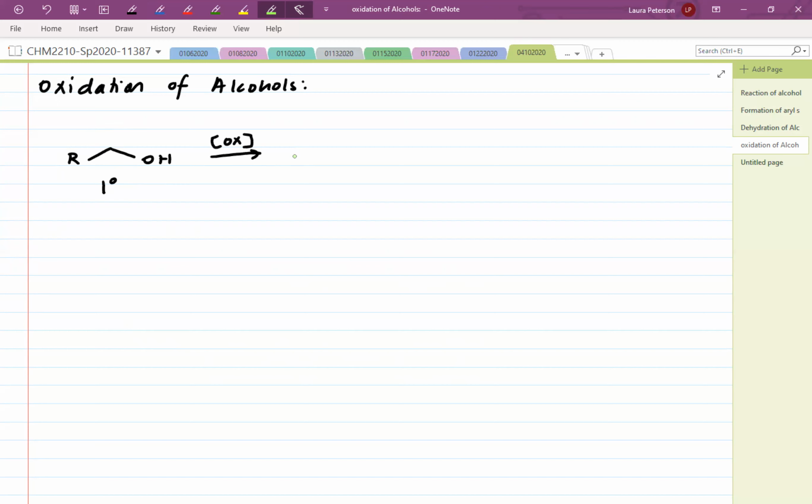One potential functional group that I could arrive at would be this, where I've basically converted this to a carbonyl, and I've removed one of the hydrogens and gained one bond to oxygen. So what is this functional group? It's an aldehyde, right?